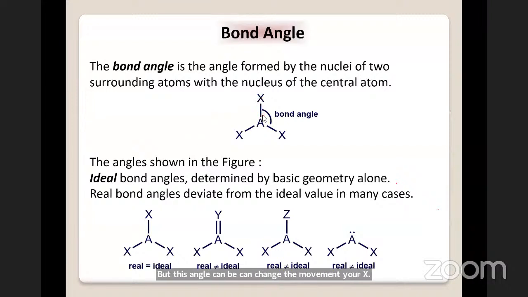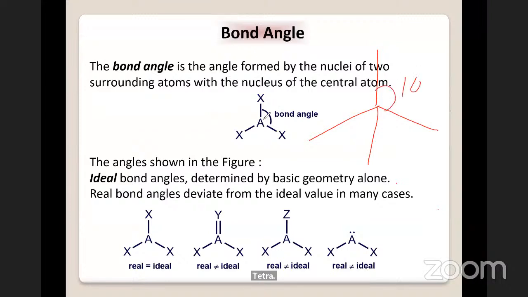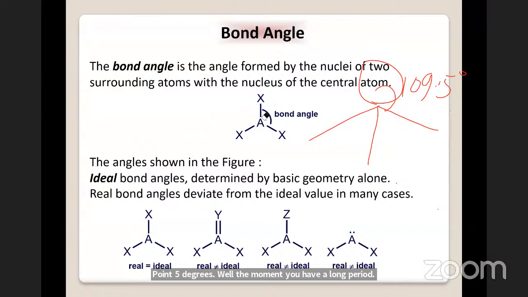For instance, in a tetrahedral structure, the angle is 109.5 degrees. But the moment you have a lone pair, valence shell electron pair repulsion theory tells us that the electron pair repels. So this lone pair of electrons that you have here will repel this bond.